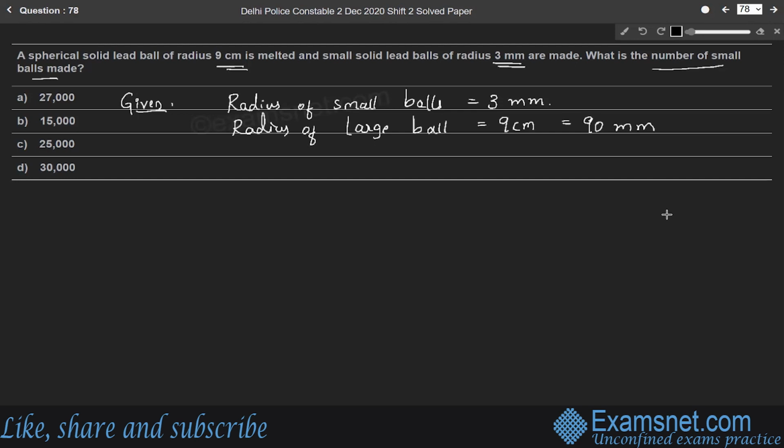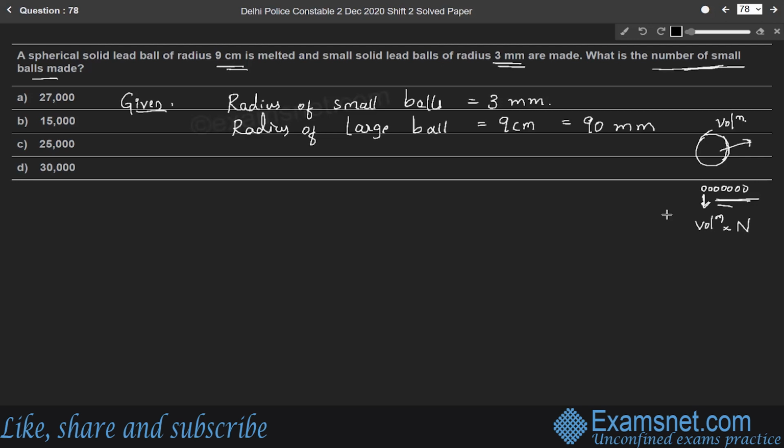So when a large ball is melted into a number of small balls, then the volume of the large ball is equal to the volume of the small ball into the number of small balls. Do you agree? So here we are finding the total number of small balls, right?